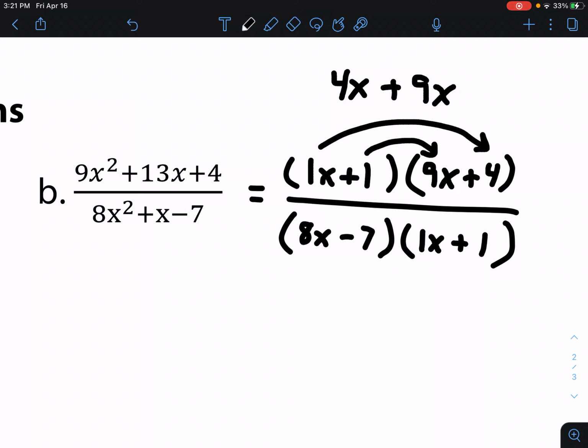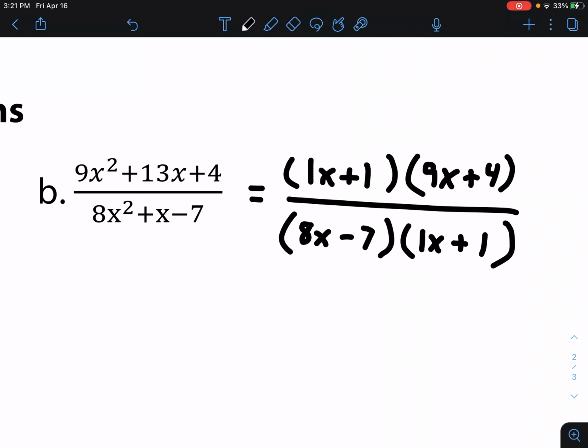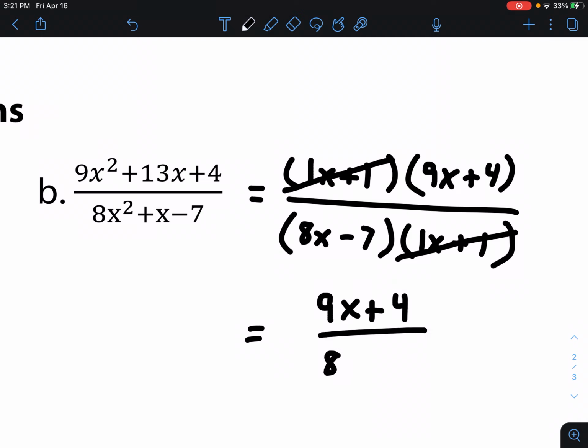And that clearly works, right? It equals 13x. So I know I have the right binomials in the numerator. Okay, so then I can just do what I did up above, where I just cancel. So this whole expression simplified now becomes 9x plus 4 over 8x minus 7.